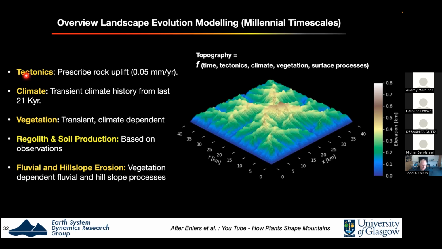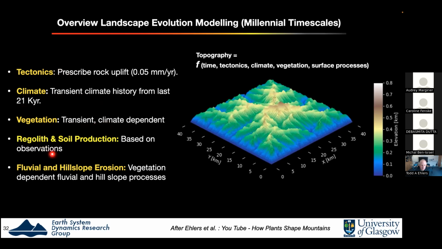Then, we're prescribing this essentially based on observations, and it's not so variable between the different study areas that I showed you. Then from the climate perspective, what we're doing is we'll be imposing a transient climate history over the last 21,000 years. And we'll have a transient vegetation history that's climate dependent from that dynamic vegetation model.